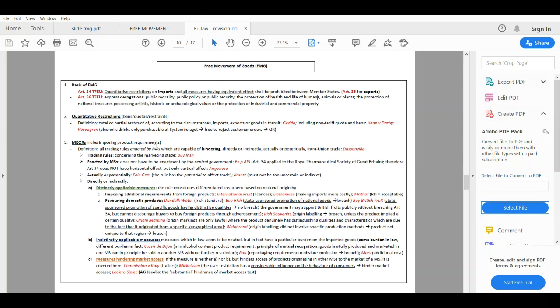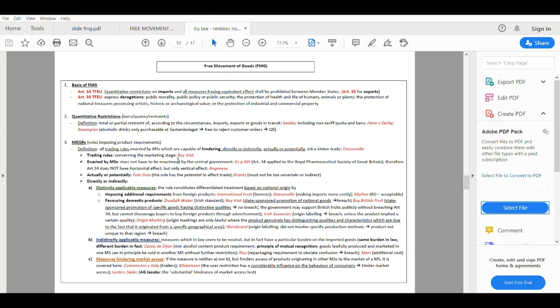If we now consider the rule of reason, or the derogations provided by the Court of Justice, we'll see that besides Article 36 of the Treaty on the Functioning of the European Union, there are further grounds available for the member state on the basis of the case of Cassis.